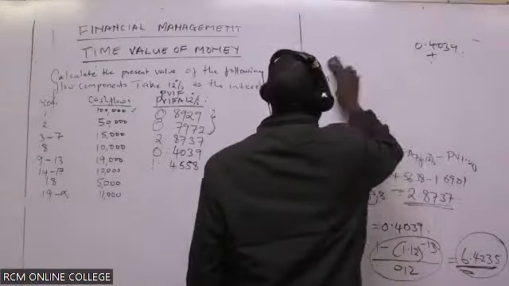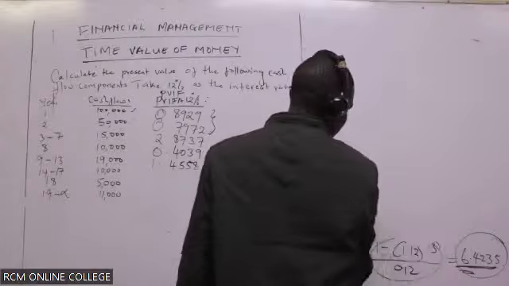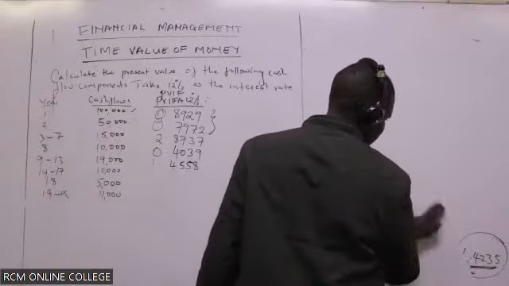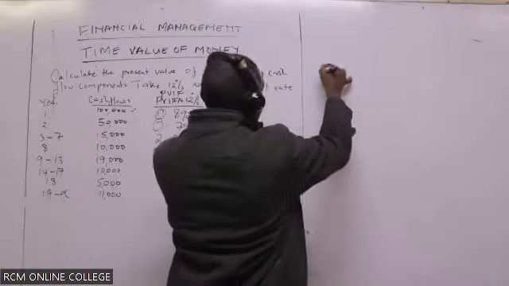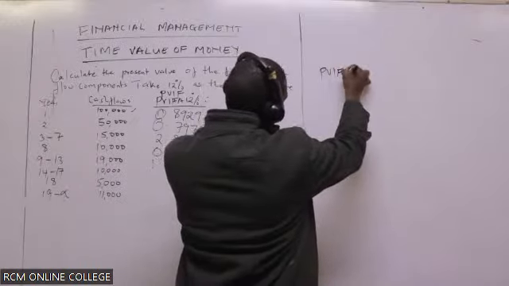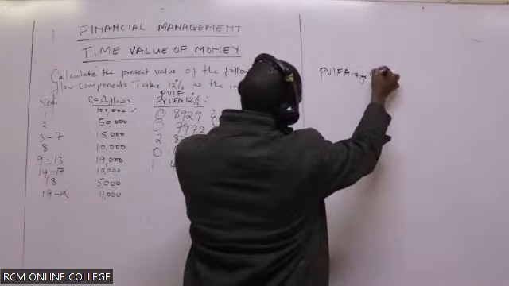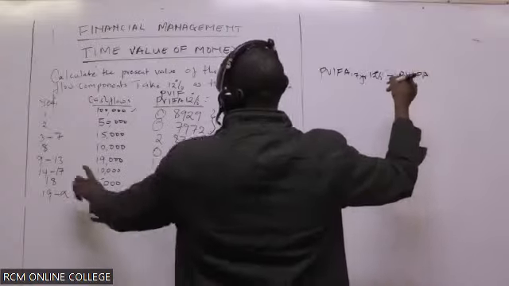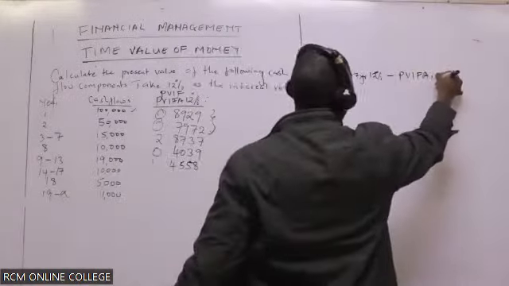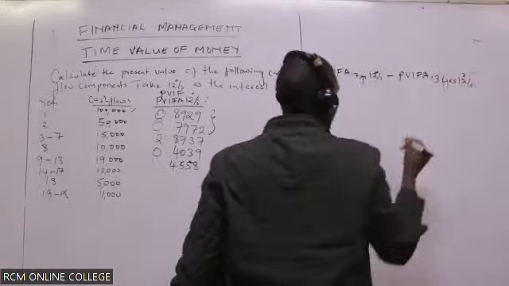Let me write it here: PV-FA for 17 years at 12% minus PV-FA for 13 years at 12%.